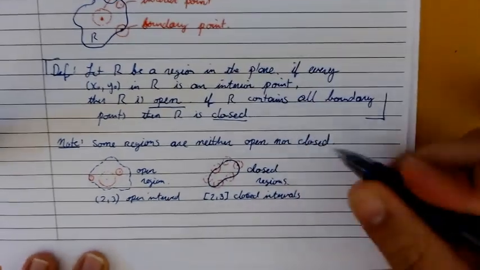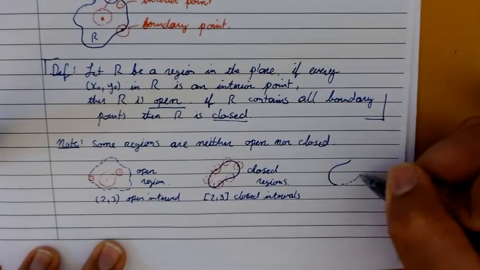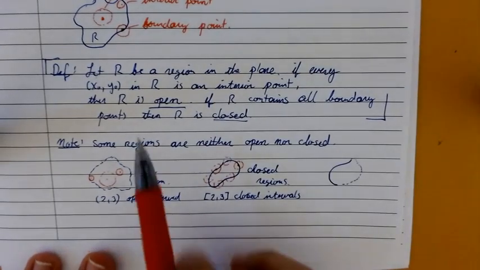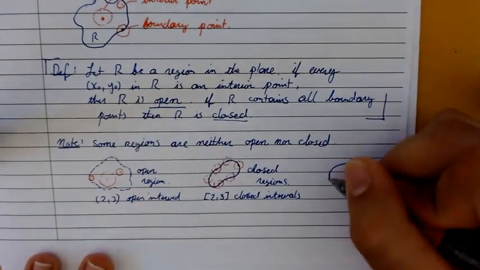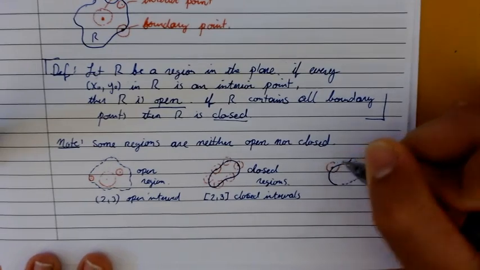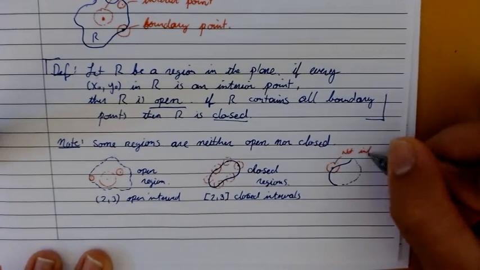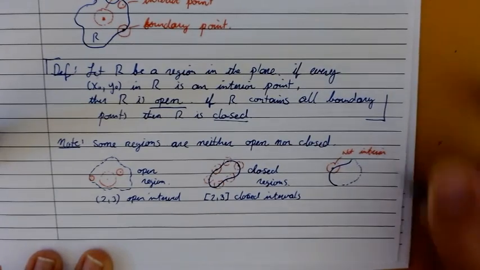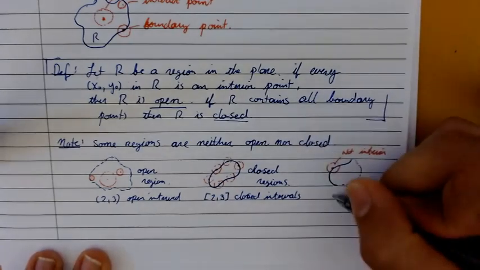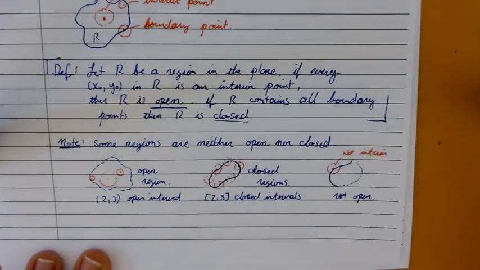And then, of course, there are regions which are neither open nor closed. For example, this. This one is not open. Why? Because I have a point that is not an interior point. So it cannot be open. But it can't be closed either.